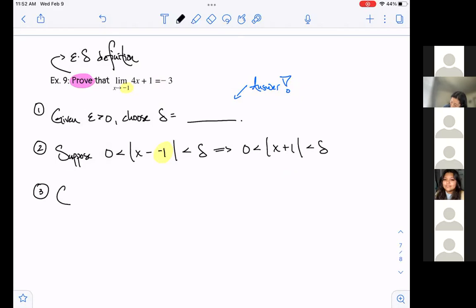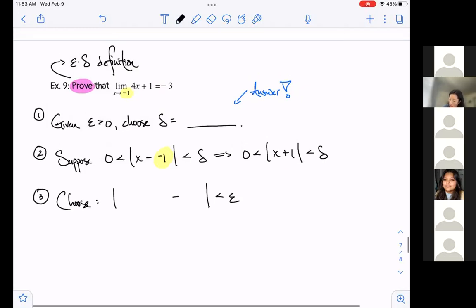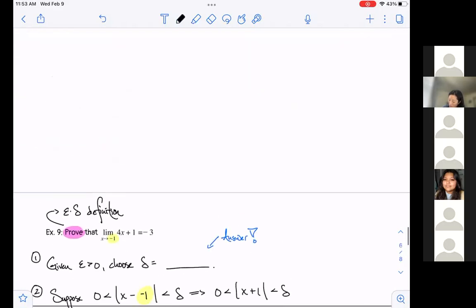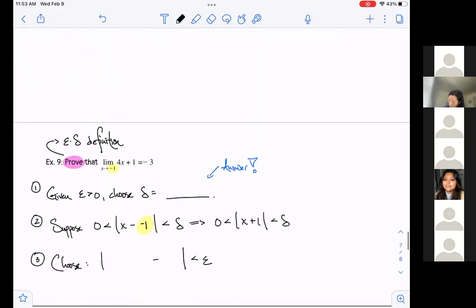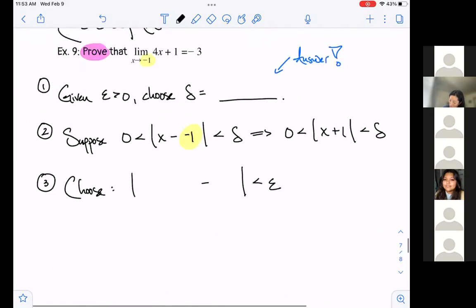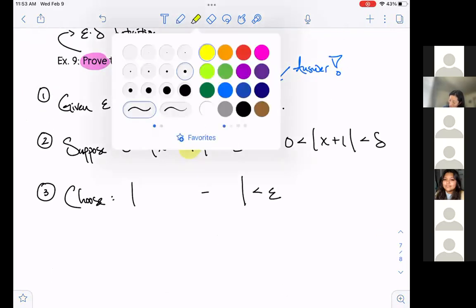So next, we choose the following. We want the absolute value of f of x minus L to be less than epsilon. What can we fill in for our L? -3.